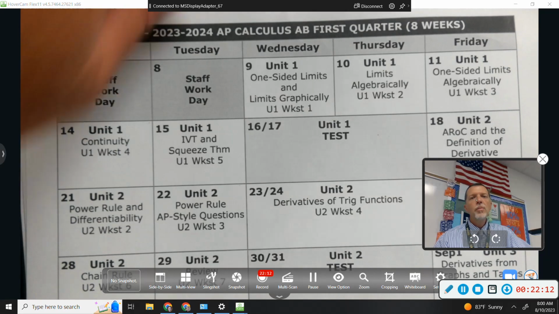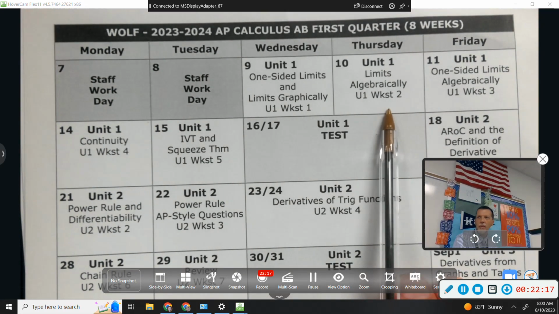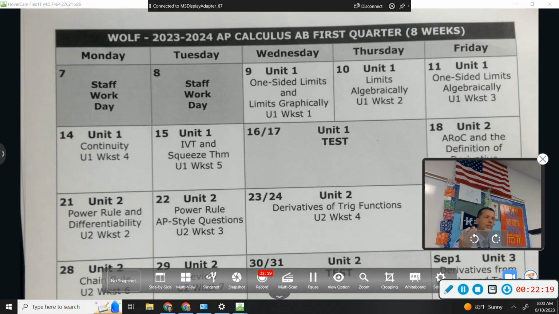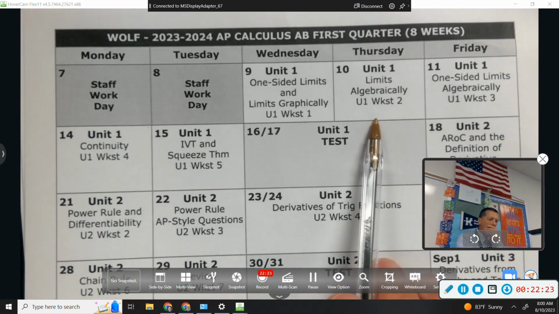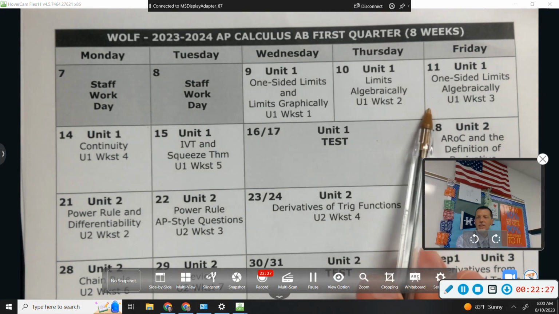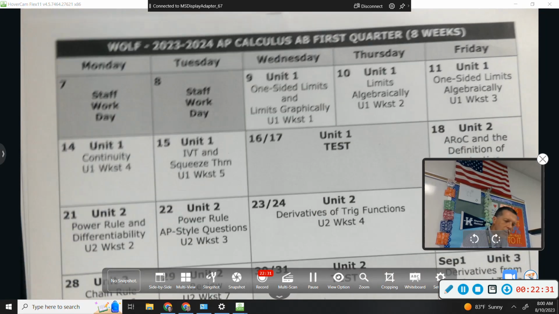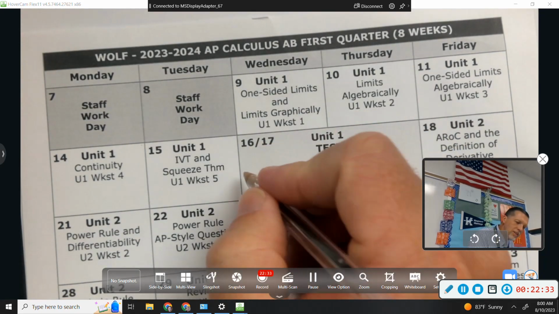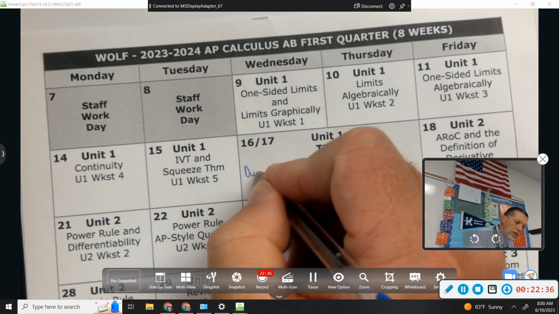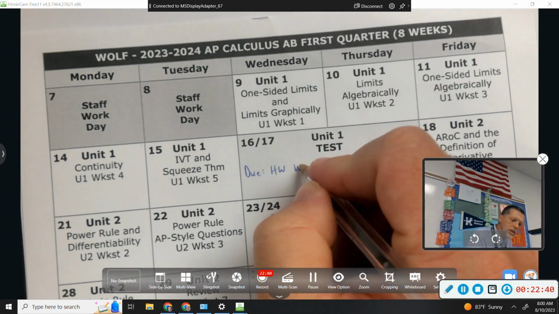Plus, I usually like to give you 2 nights to work on something rather than just one. That way, if you've got practice or you're overloaded and you got to study or whatever. So I would very rarely take up something the next day, because I want to give you 2 nights to work on it, think about it, process it, or whatever. All that to say is, come next Wednesday, we'll turn in basically all the homework. Worksheet 1 through 5.